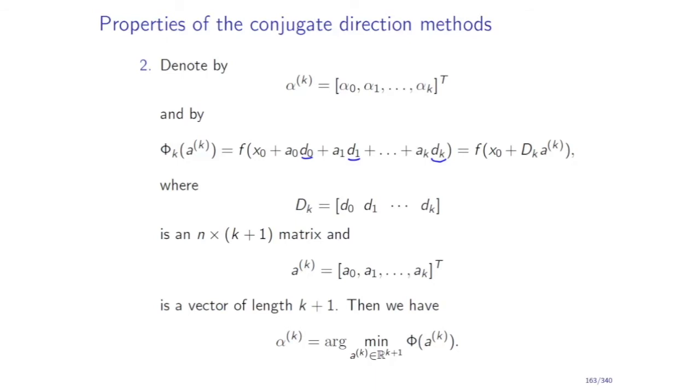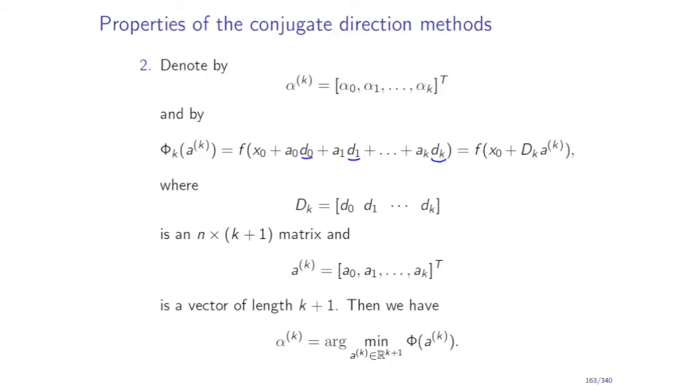Essentially, given k plus 1 directions, I ask you to select k plus 1 step sizes simultaneously so that the resulting point x_{k+1} will be the best possible with respect to f. So the value of f at the point x_{k+1} is the smallest possible.